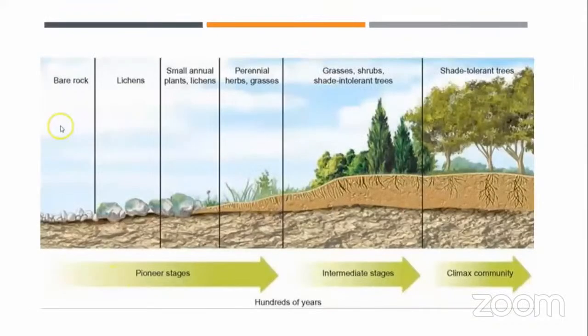Here is a diagram representing primary succession. You can see initially there's bare rock, some lichens. So in this process, though it is on the same slide, it takes hundreds and thousands of years.